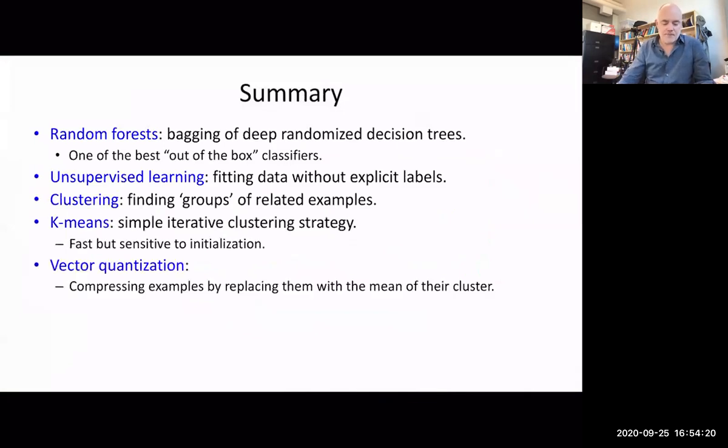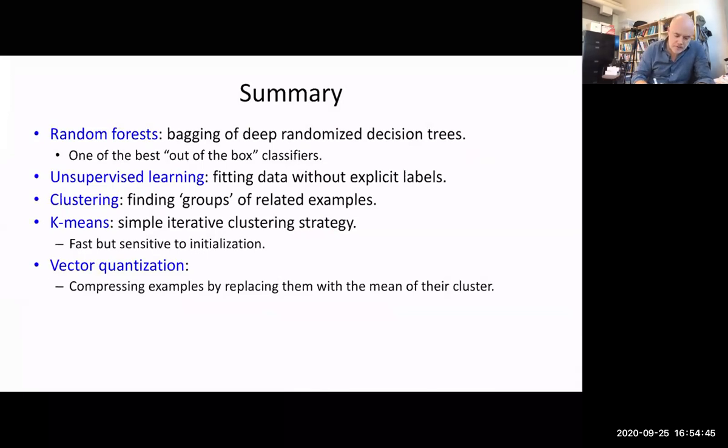In summary, random forests are one of the best out-of-the-box classifiers. It's about bagging of deep randomized decision trees. We finished the first pass through supervised learning. Now we're on to unsupervised learning, which is about fitting data without explicit labels. Clustering finds groups of related examples.